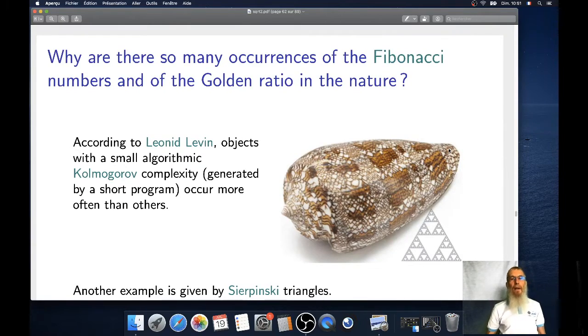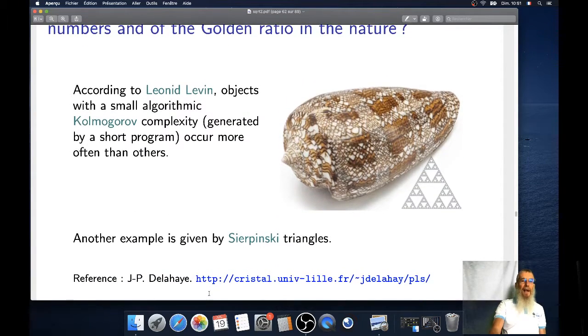Why are there so many occurrences of the Fibonacci numbers and the golden ratio in nature? One explanation is that what we see in nature are the objects which have a small algorithmic complexity in the sense of Kolmogorov, which means that they are generated by a short program.